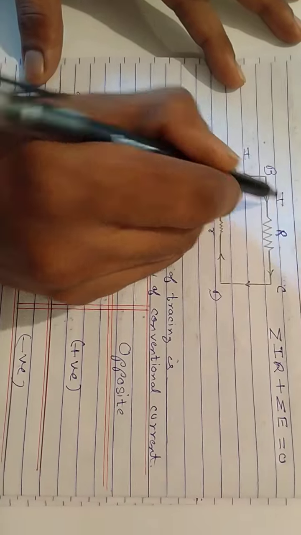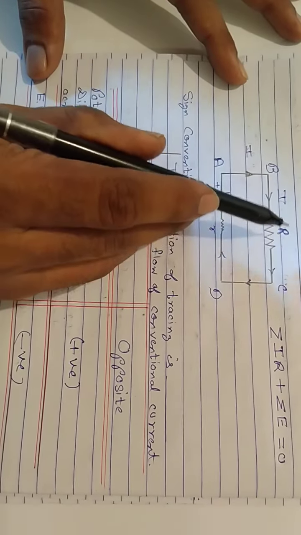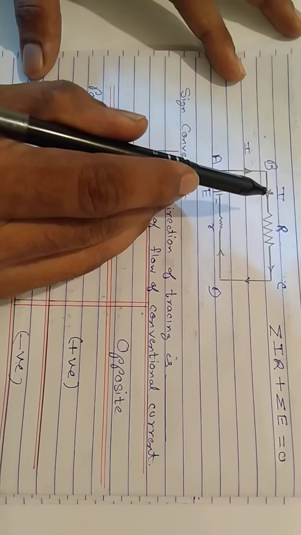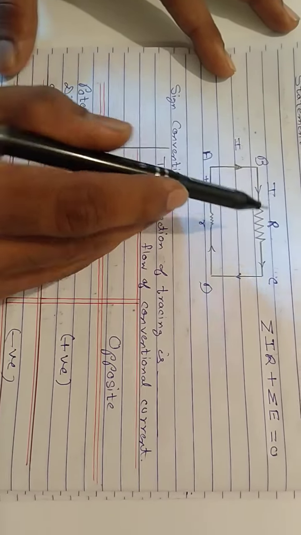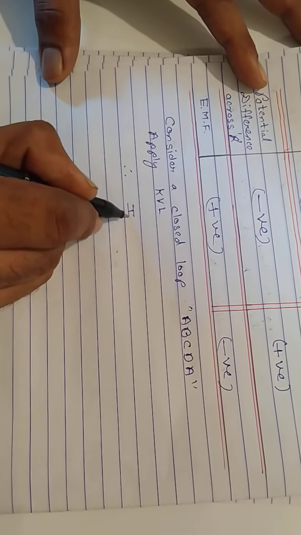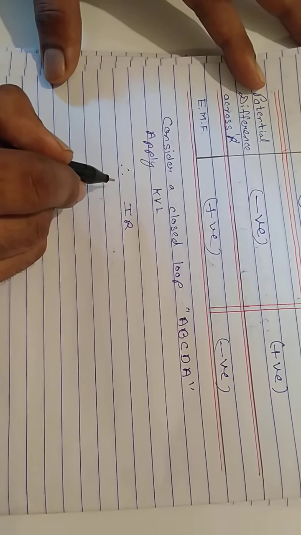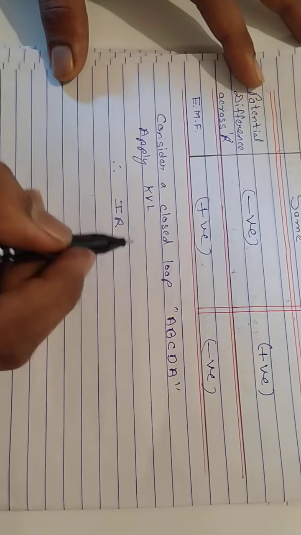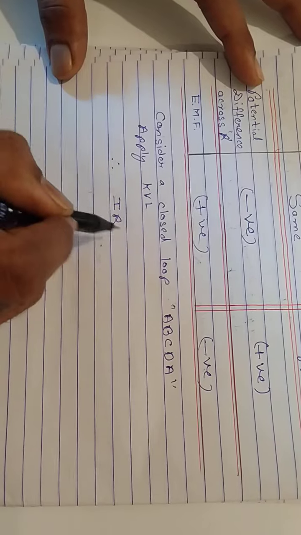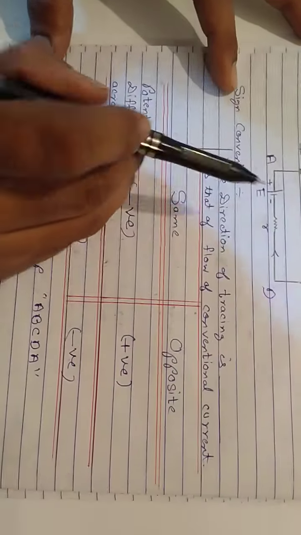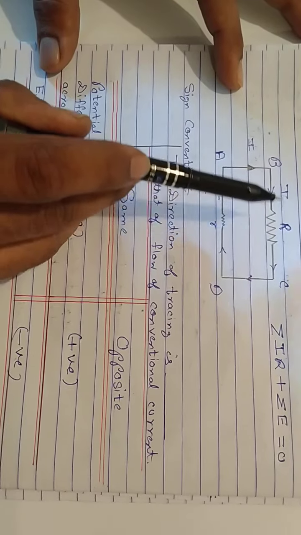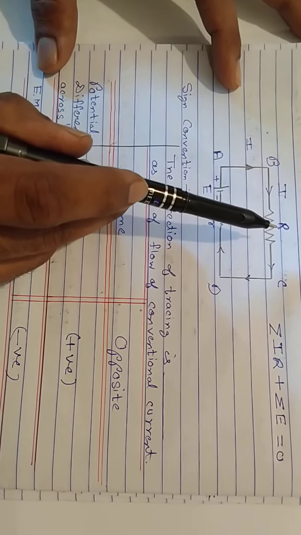It is I. According to Ohm's law, the potential difference across R is I into R. So here I apply the KVL, I into R, because Kirchhoff's second law states the algebraic sum of potential differences of all components. The first component we come across is R, so the potential difference here is I into R.